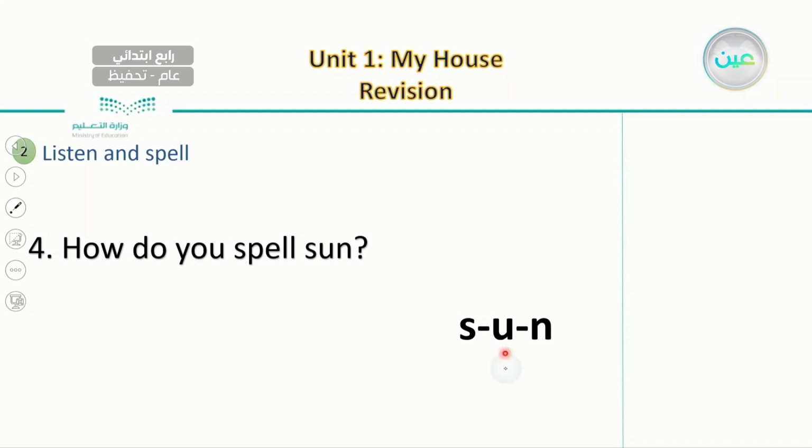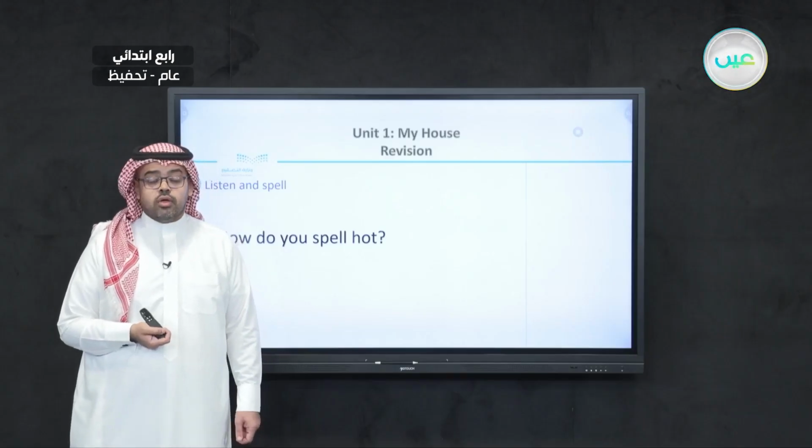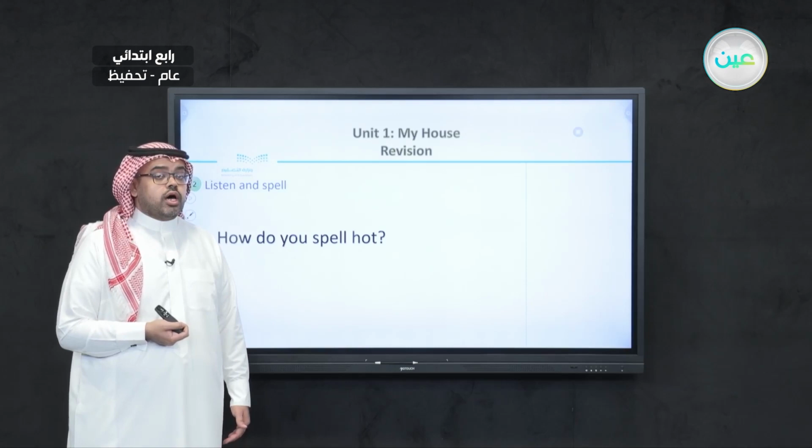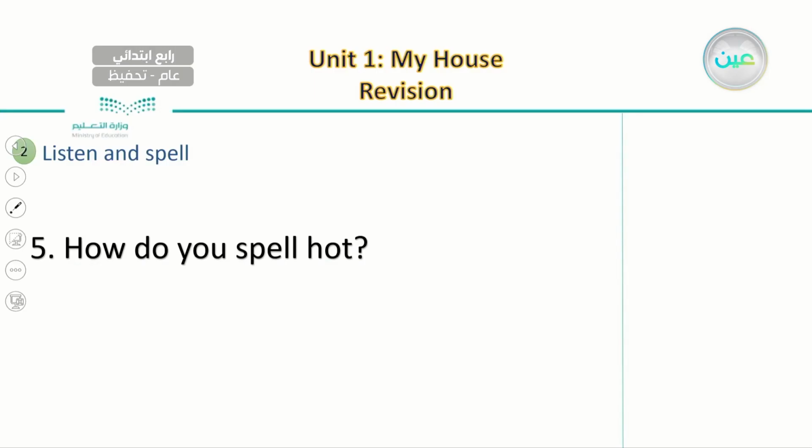Now, next we have the word hot. How do we spell the word hot? We spell the word hot with H, O, and T. And the final word we have is the word not.